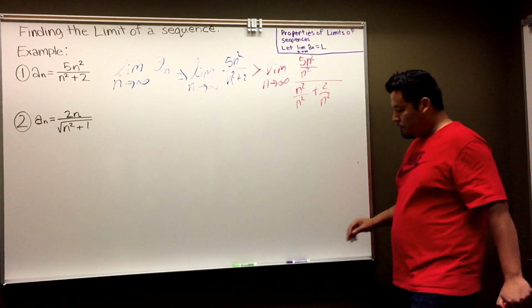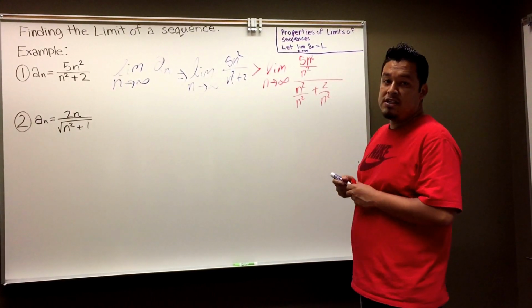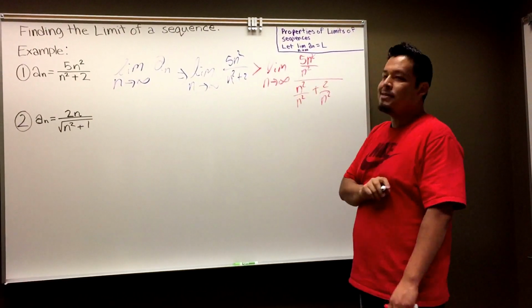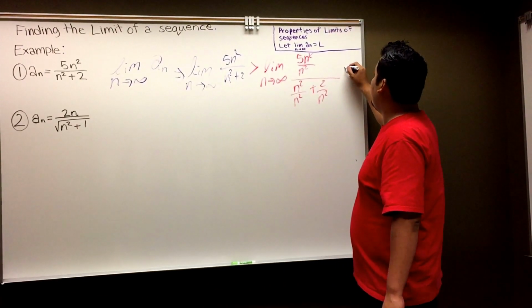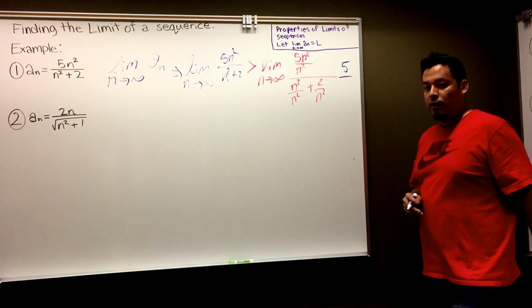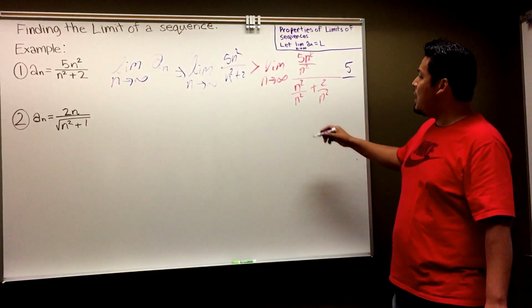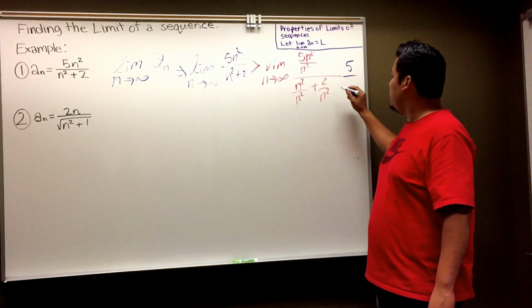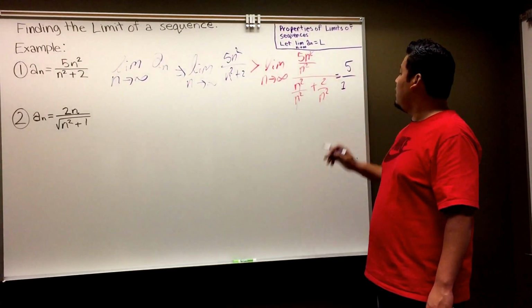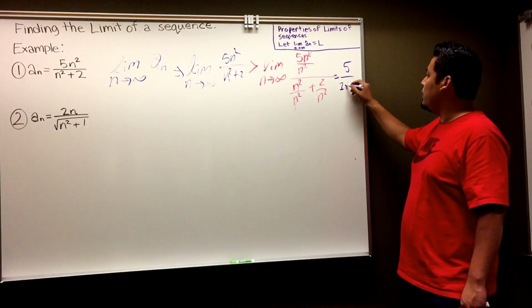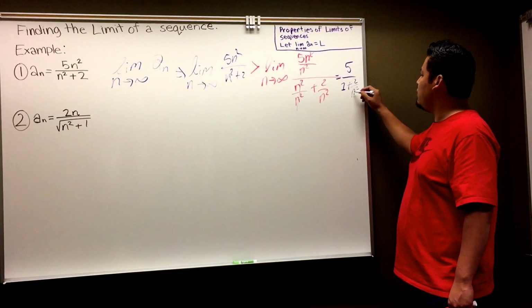On this problem, we can see that our n squared will cross out, and we're left with the 5 in our numerator. In our denominator, this simply becomes a 1, and then here we end up with 2 over n squared.